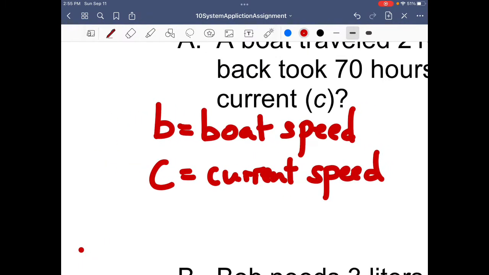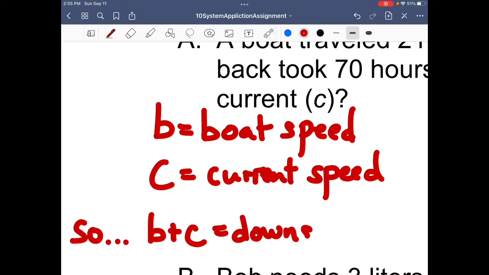So B is the boat speed, kind of like by itself, and C is the current speed, kind of by itself. Now, a little bit of the trick to this problem is that there's definitely something as far as putting both of these speeds together. So we can start to make some additional statements where if you add these 2 speeds, the boat speed and the current speed pushing it along, that's going to be like how fast the object is going when it goes downstream.